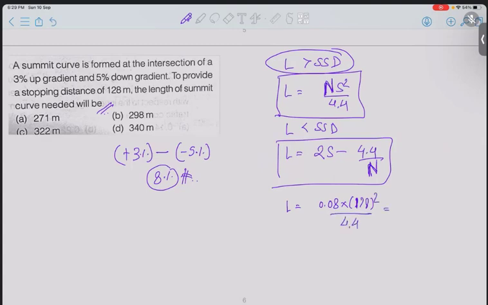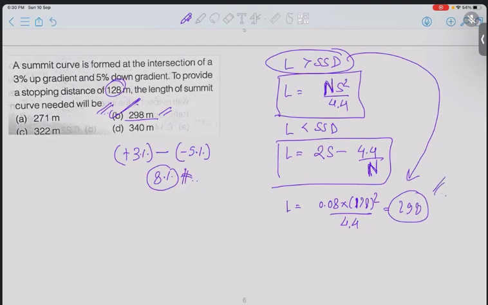So what's the answer in this case? 298. Correct. So that is the answer. And you can see this 298 is greater than the 128 that we assumed initially. So our answer is correct.